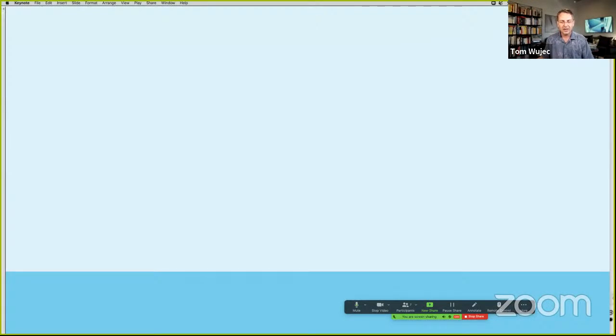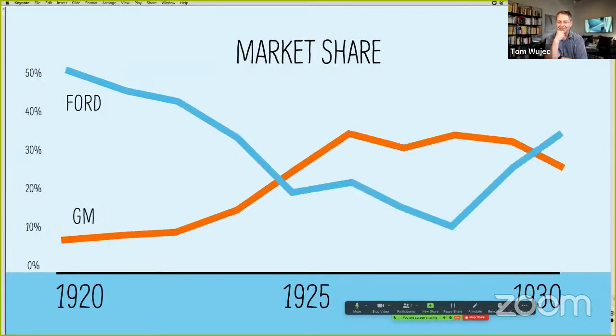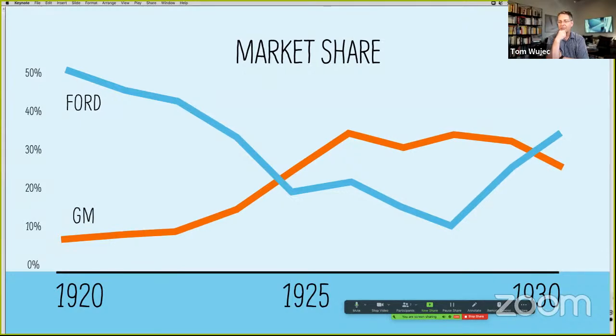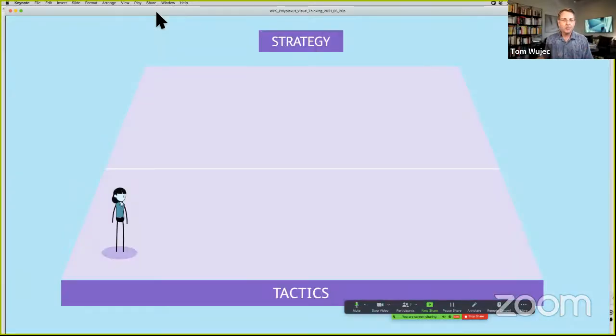And here's what happened in the market share over the course of the next decade. Ford went from 50 down to almost 10%, 15%, and then grew back up again when he retooled. It took him 7 years to retool and to reframe these questions. Obviously oversimplifying here. So the question though is, be clear about what's the best problem to solve.